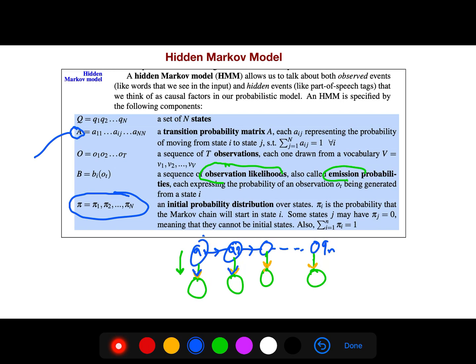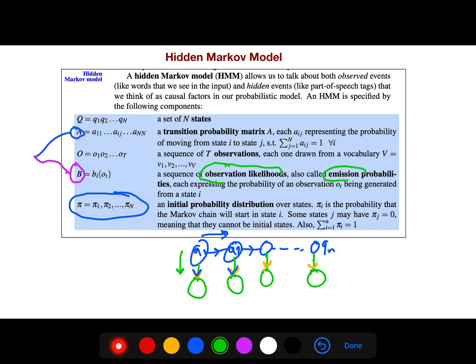But if you go from left to right, connecting the states together, they are transition probabilities. It's A. And so our goal in learning is to learn these parameters A and B.